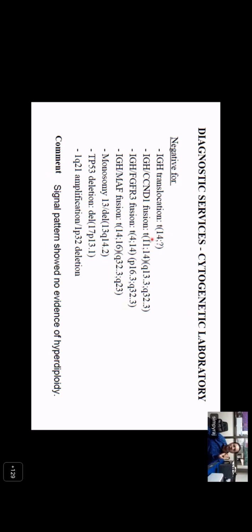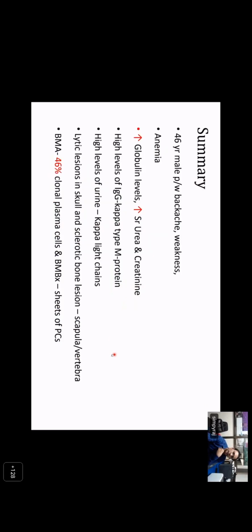The commonest are t(4;14), t(14;16), t(11;14), and the other abnormalities include deletion 13 or monosomy 13, TP53 mutation, and 1q amplification or deletion. But this patient did not show any evidence of these, and there was no evidence of hyperdiploidy in this patient.